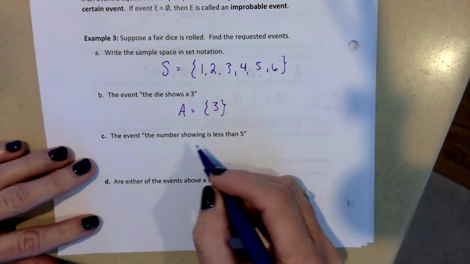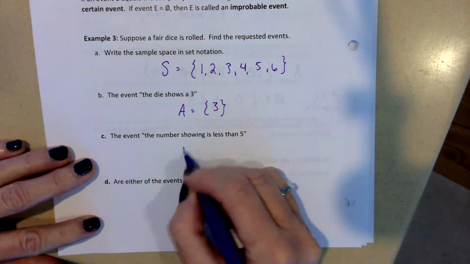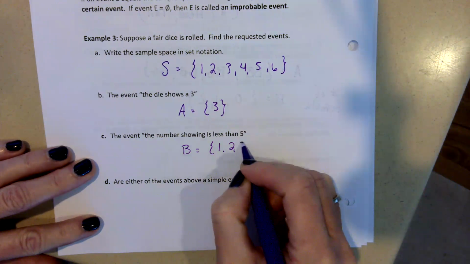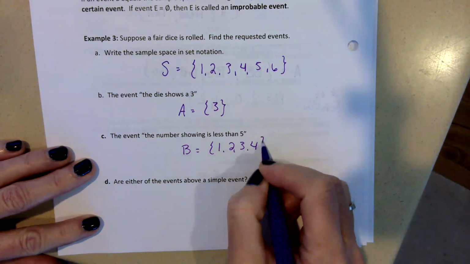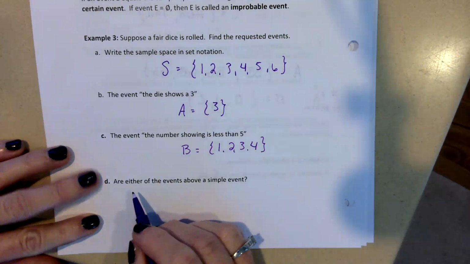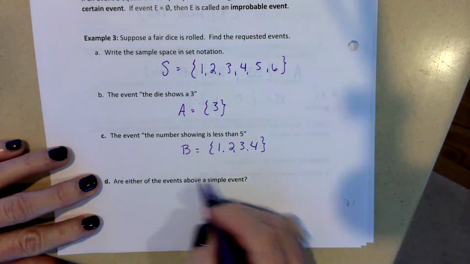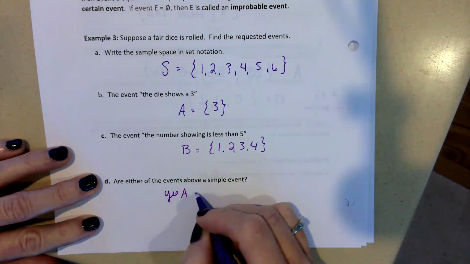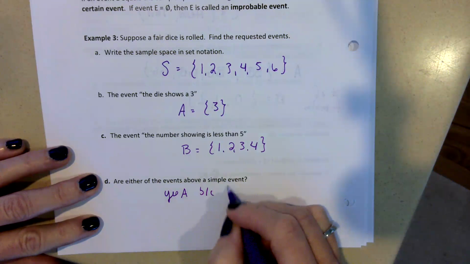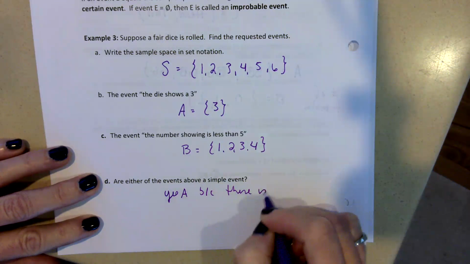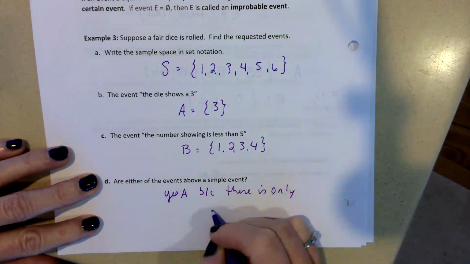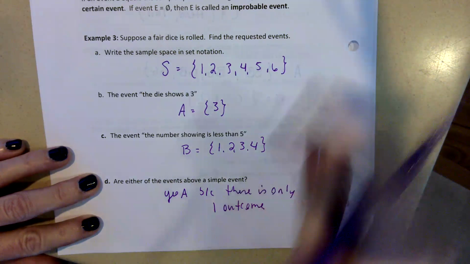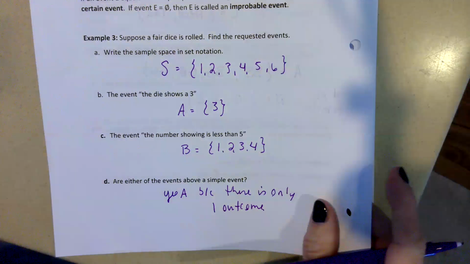The event that the number showing is less than 5 would be 1 through 4. And are either of the events above a simple event? Yes, A, because there is only one outcome. So it's considered a simple event.